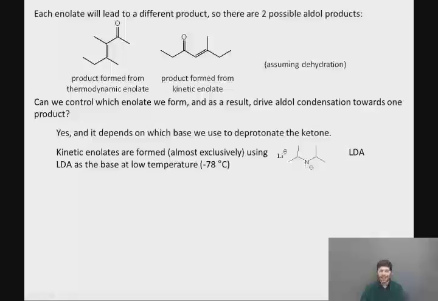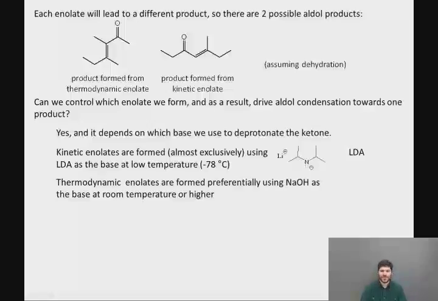We met LDA briefly in a previous lesson in this unit. LDA stands for lithium diisopropyl amide. It's the conjugate base of diisopropyl amine, and with those isopropyl groups there, that nitrogen is fairly sterically hindered. So if it wants to gain a hydrogen, it's going to want to pluck a hydrogen that is more sterically accessible than one that is less sterically accessible.